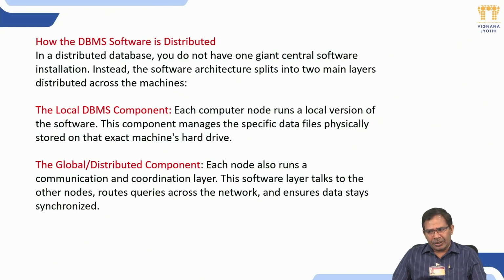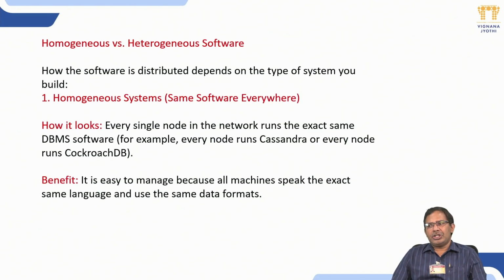Because of these two layers, the distributed DBMS is capable of achieving its specified objectives, through which the real purpose of the distributed database works fine. Here, a distributed database is also associated with two types of software models, titled homogeneous and heterogeneous. As the name implies, a homogeneous system has the same software installed at all the locations.